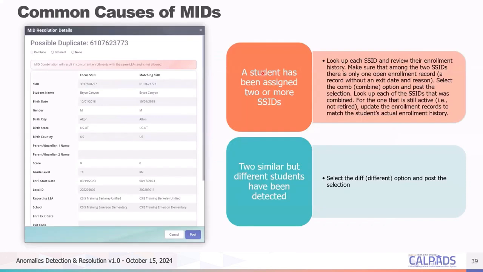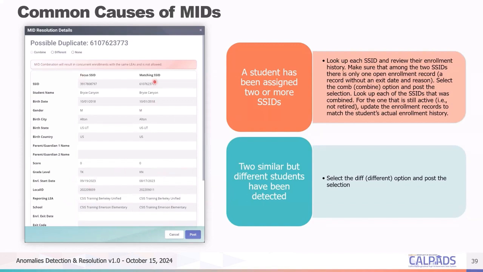Okay. So what are common causes of MIDs? Number one, a student obviously has been assigned two or more SSIDs, or two similar but different students have been detected. So in this example, we have Bryce Canyon. In this section, it's essentially a student with two or more SSIDs because I obviously generated two SSIDs for the student.